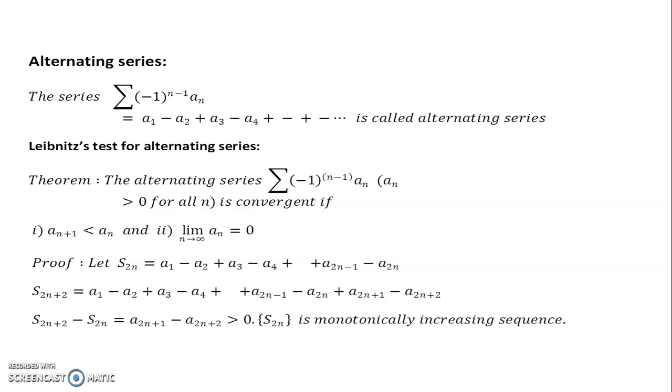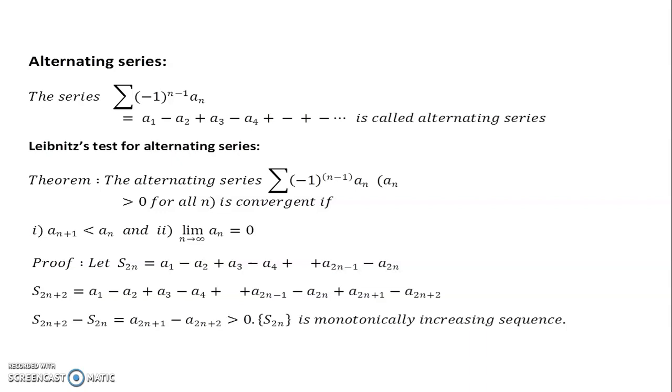What is the statement of the Leibniz test for alternating series? The alternating series summation of minus 1 power n minus 1 an, where all the terms of the series are positive, an greater than 0 for all n, is convergent if an plus 1 is less than an.